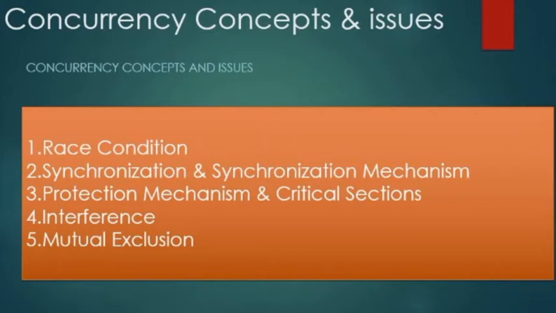So the first point, the race condition. As an example, when a number of processes are executed in parallel, the speed at which they execute cannot be determined. So when we have parallel processes executing, we cannot determine the speed at which they are executed.